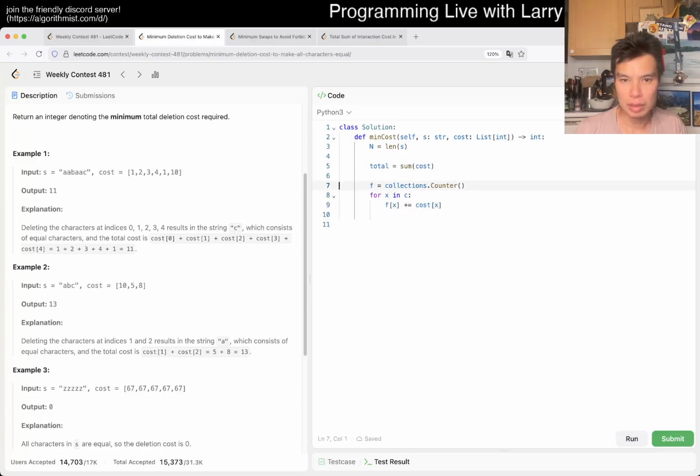Okay, right, and then now the equal thing still bugs me a little bit, not gonna lie.